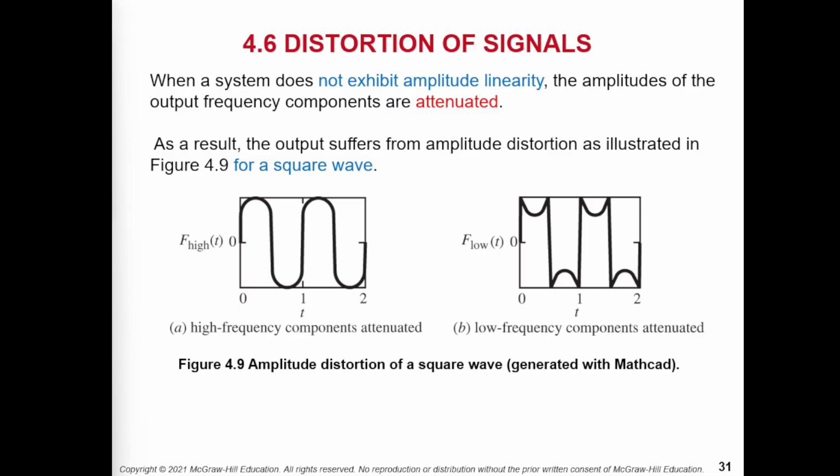At the corner, the amplitude decreases. So that means there is high frequency distortion because the magnitude is different. The center is the low frequency, so if the center is attenuated, that means distortion at the low frequency.